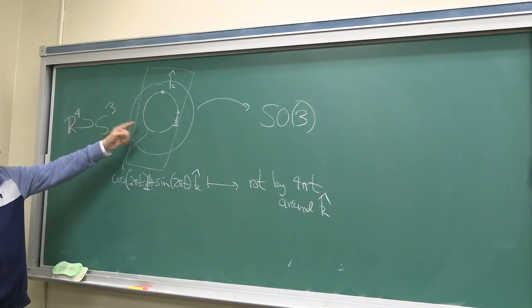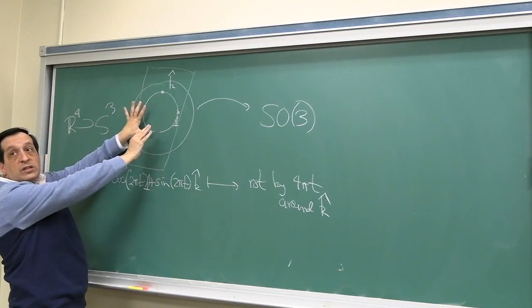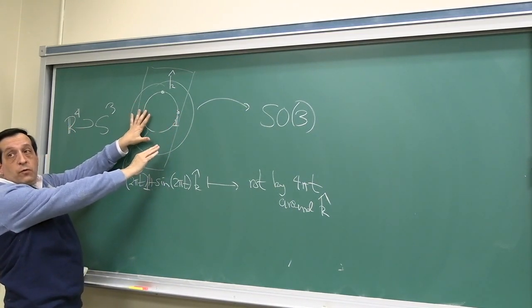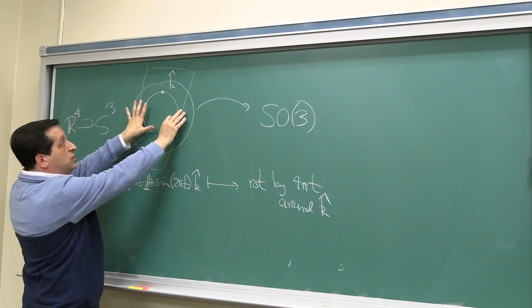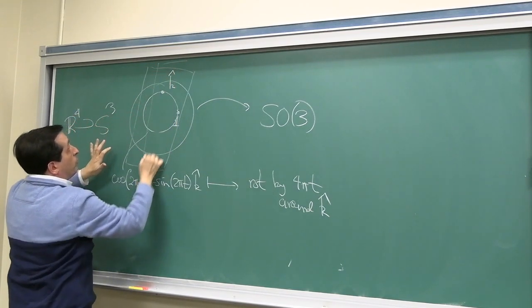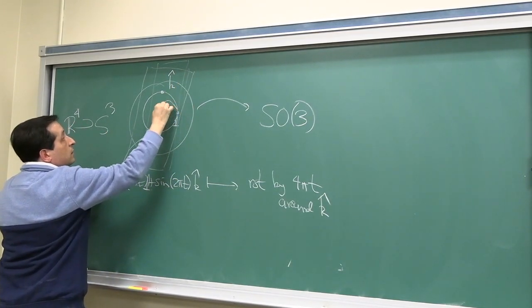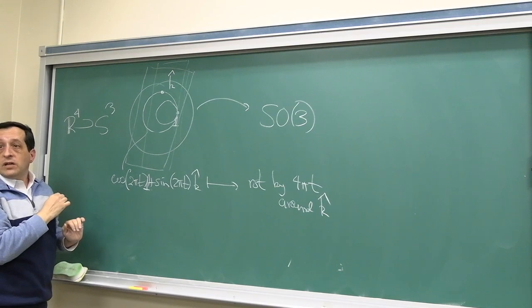But I claim in this sphere, if you take this plane that's cutting the sphere, a two-dimensional plane in four-dimensional space, and you start tilting the plane so it still passes through one, you will get a smaller circle as it cuts.